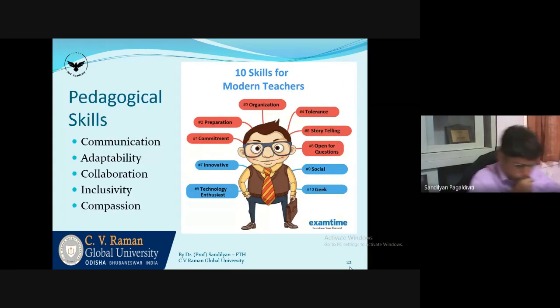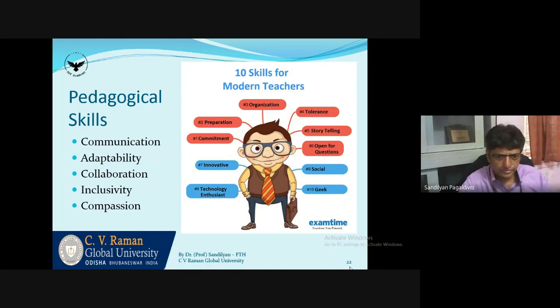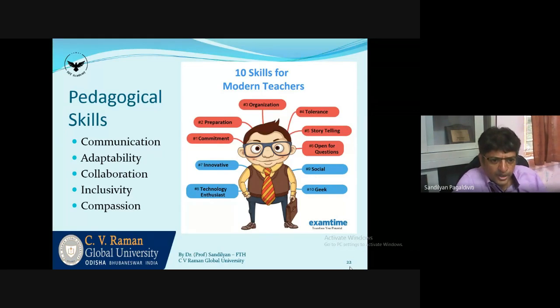Okay. What are the skills that are required for a modern teacher? I have added 4 new skills here. The teacher has to be innovative, technology enthusiast. He should be socially acceptable, and he should be a geek.